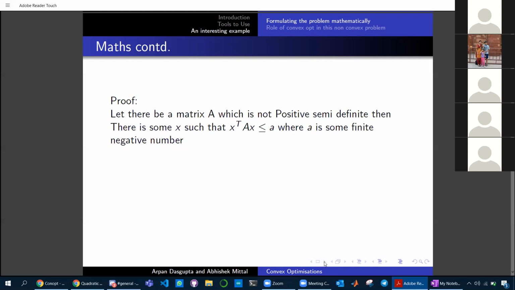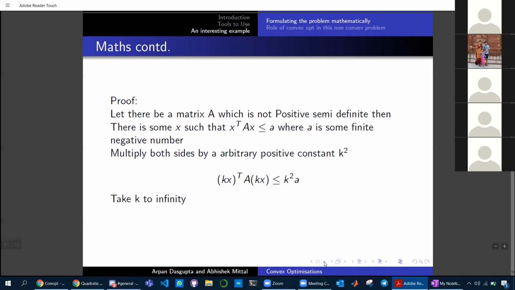Now I'm going to multiply both sides with a positive constant k square, and distribute this k to one x over here and the other x over here. The inequality remains unchanged because it's a positive constant. And I'll just take k to infinity. So the entire minimum of this problem becomes minus infinity, hence proving that the minimum value is minus infinity.